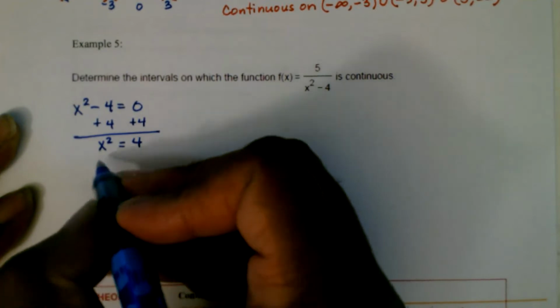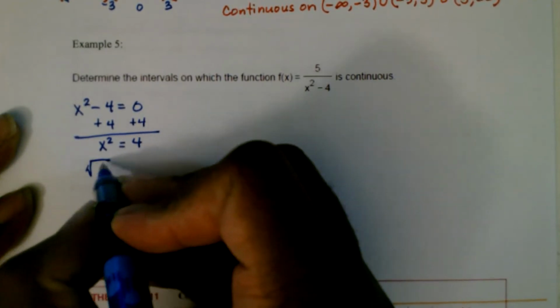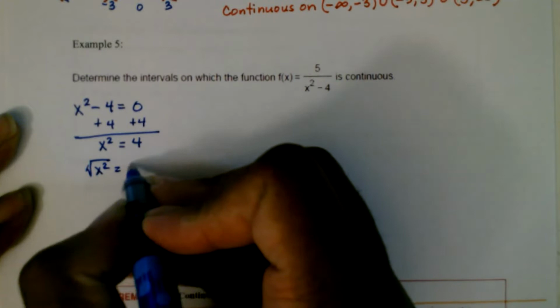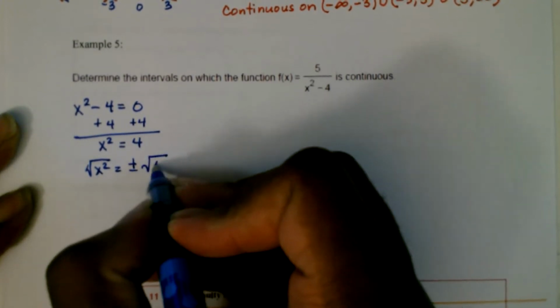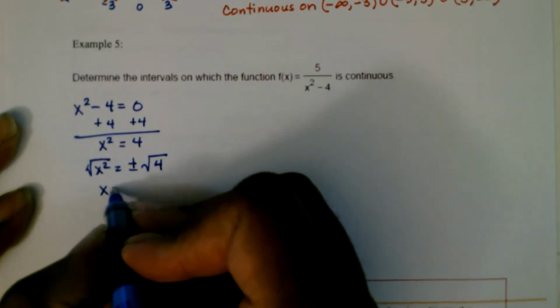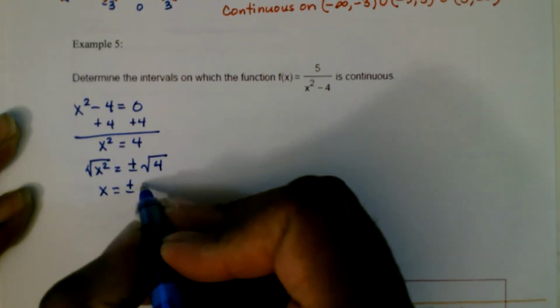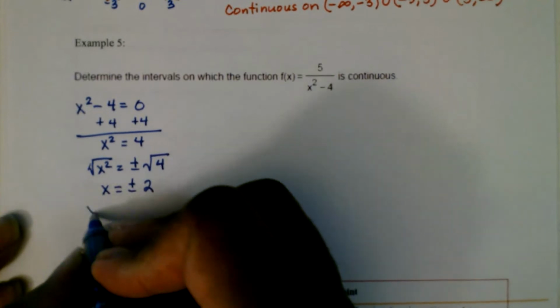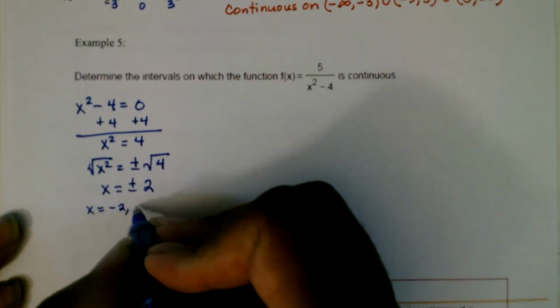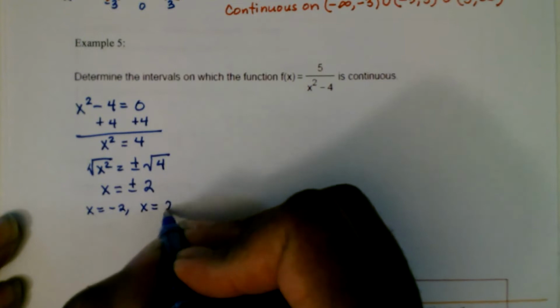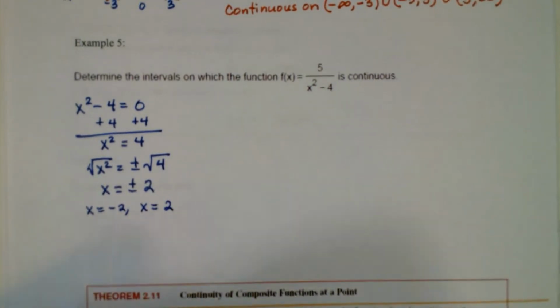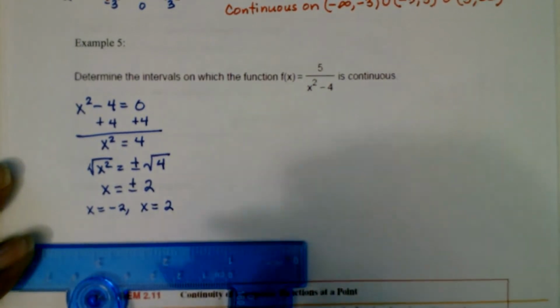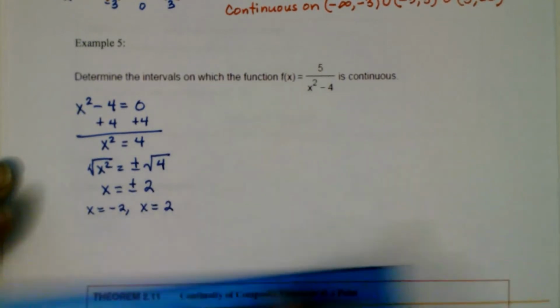And to solve for x, since I'm squaring, the opposite would be to take the square root on both sides and include the plus or minus symbol. So that means x is equal to plus or minus 2. So that means at negative 2 and at positive 2, I'm going to get a 0 in the denominator. And of course, let's say this needs to be written in interval notation.